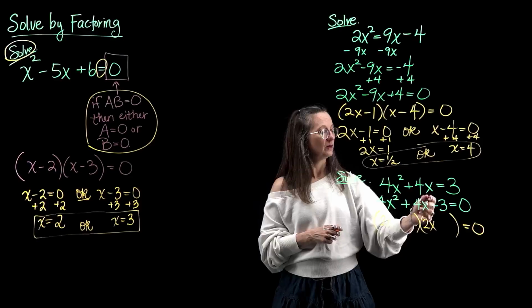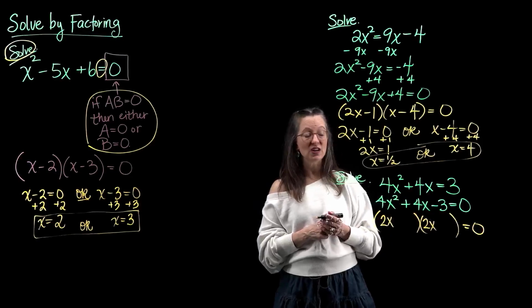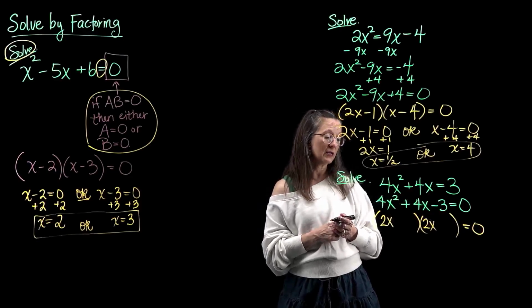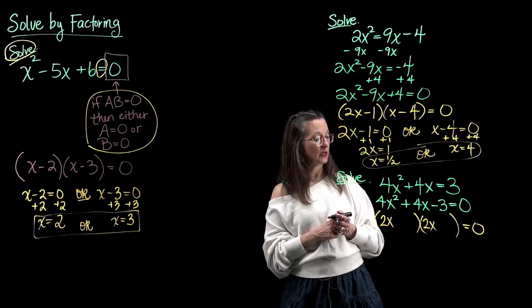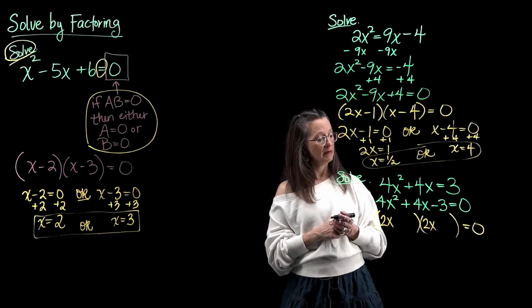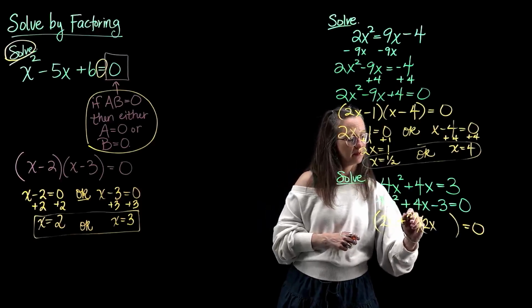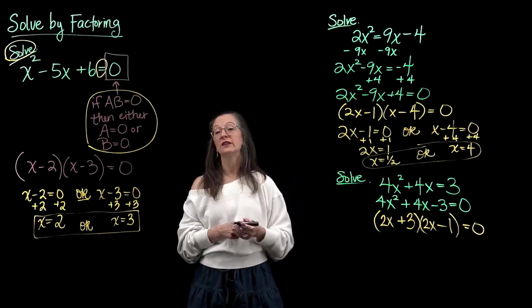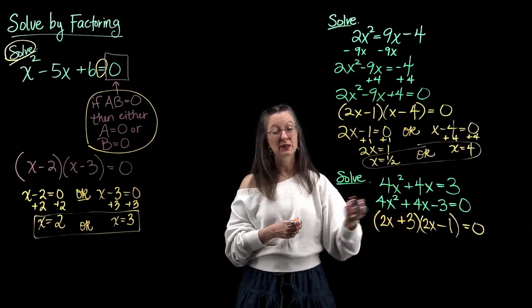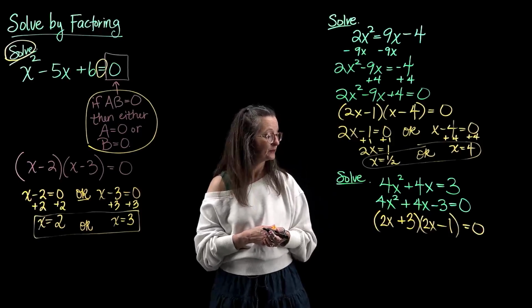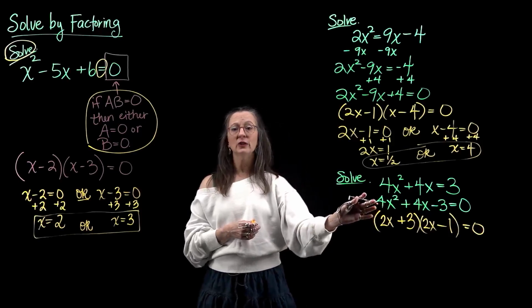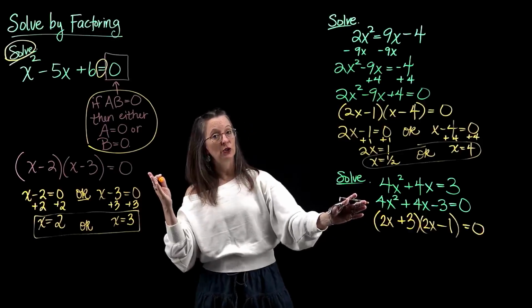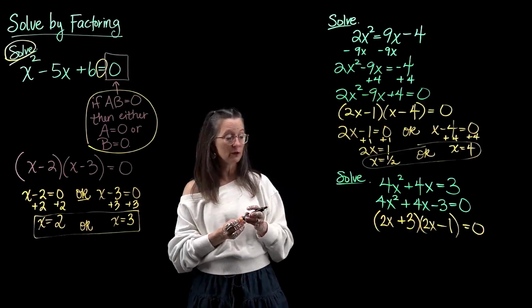And then factors of negative 3, so that would be 1 and 3, and I need to figure out which one is negative. So I'm going to make it plus 3 and minus 1. If we were to FOIL that out, you would see that that is the correct factored form there. Again, if that factoring is challenging, I want to encourage you to go back to my other factoring videos.